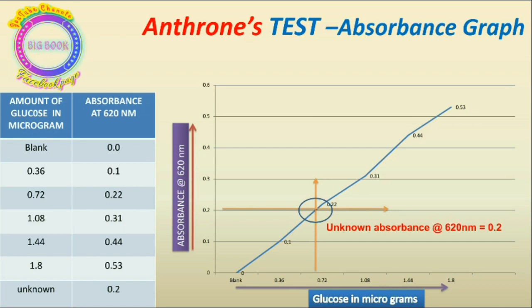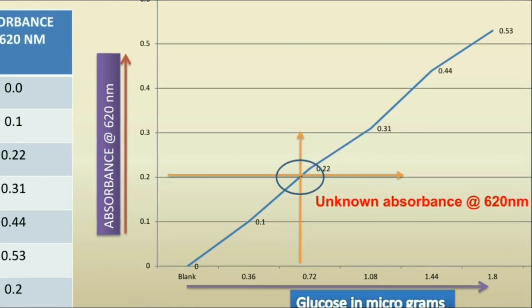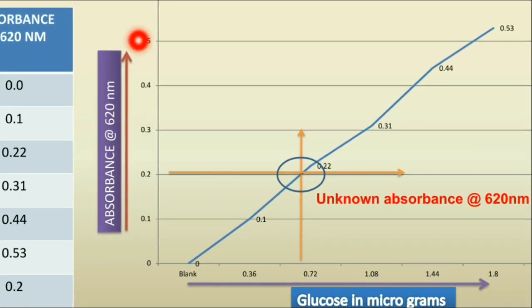Now this is the slide of absorbance at 620 nanometer, where we have got the readings and they have been plotted on the graph. You can observe that in the graph, this is the absorbance, and this is the glucose standard. This is the unit for the absorbance, and these are the absorbance readings which we have got. For the unknown, the reading is going to be placed here.